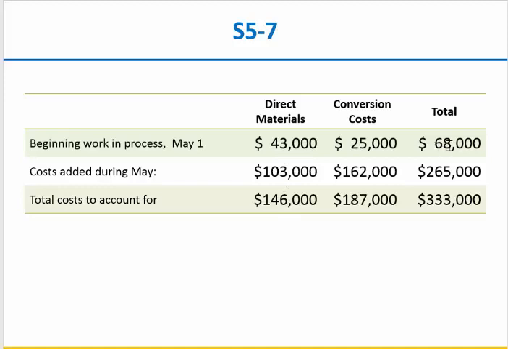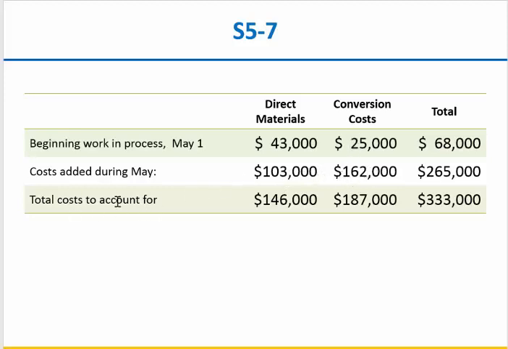Then what's next is, all we have to do is go back to the prior slide. We note that we have a $68,000 value of unfinished units from the beginning work in process balance. And also the question specifies the two different amounts. One is for direct materials, one is for conversion cost. So I'm not going to repeat that, but basically 43,000 and 25,000 for each. The cost added during May, we also have the information. For direct materials, we're looking at $103,000, and the conversion cost, we're looking at $162,000.